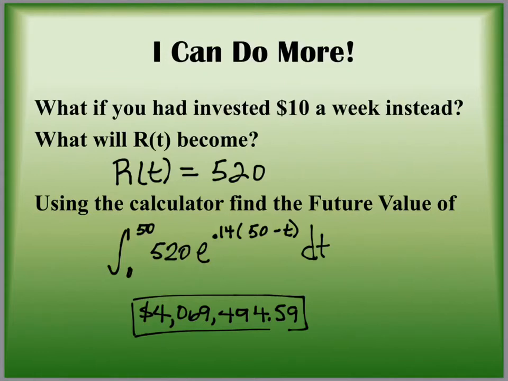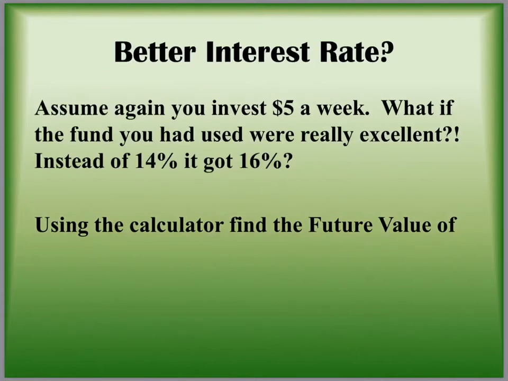But the thing is that doubling the amount that I put in a week is not really what makes the biggest difference. What would make the biggest difference is if somehow we could actually get the interest rate to be higher. So I want to show you that the interest rate increasing is a significantly different value in what's going on. So assume again, we're going back to the $5 a week.